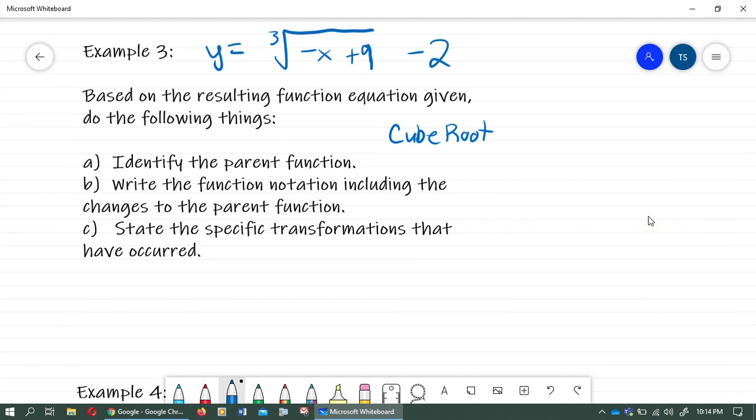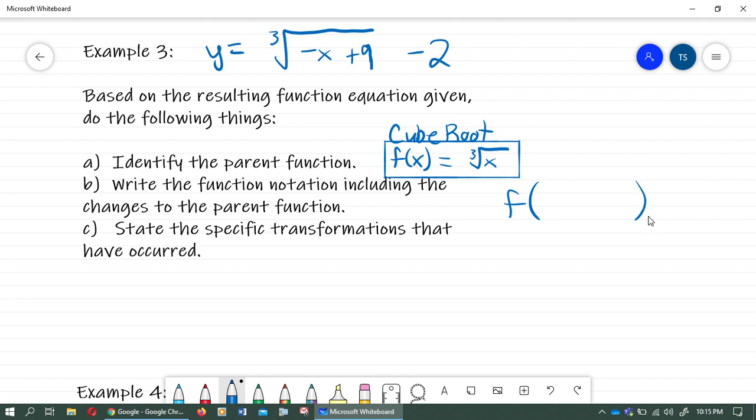And again, that is the function f of x equals the cube root of x, with the little small 3 on the outside, as the parent function. All right, and then the changes that are happening here.